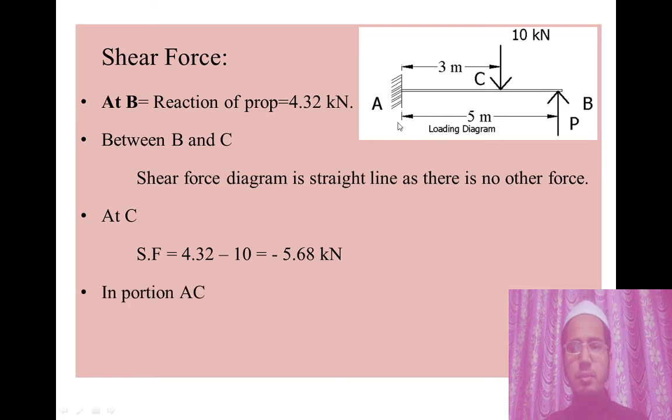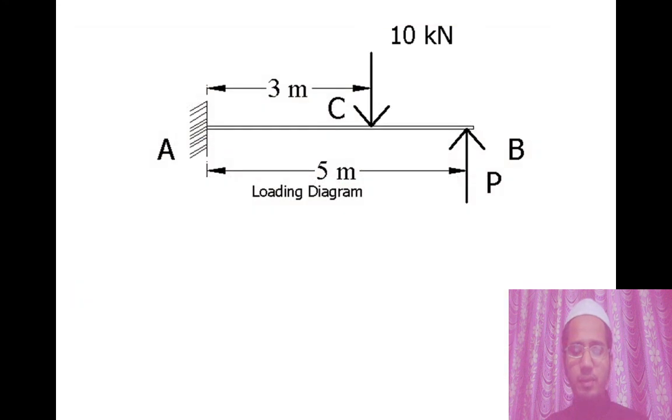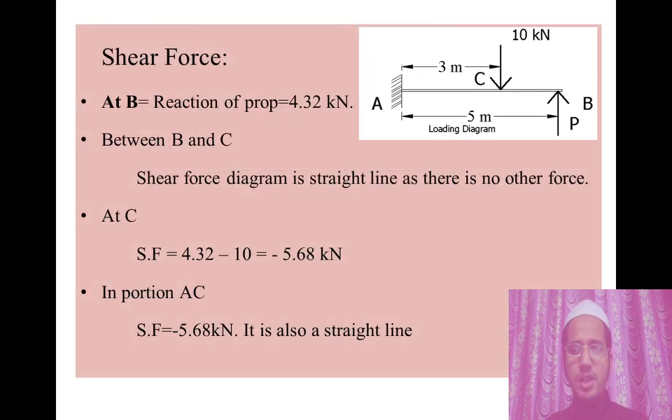Now shear force between A to C, again there is no loading, hence it is a straight line, and the shear force will be of magnitude minus 5.68 in between C to A. Now shear force at A. Now how to find shear force at A?